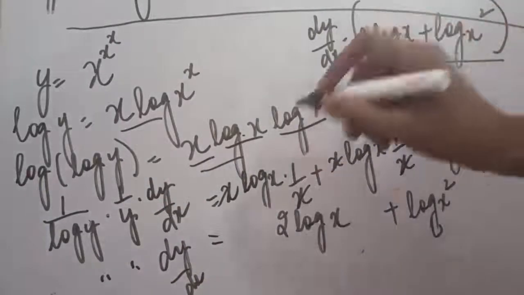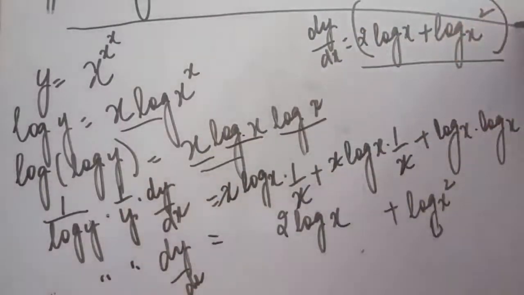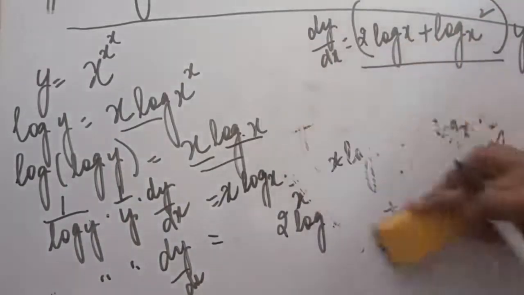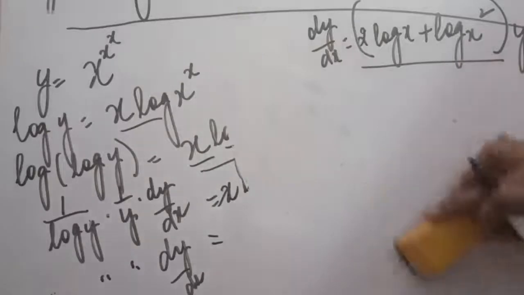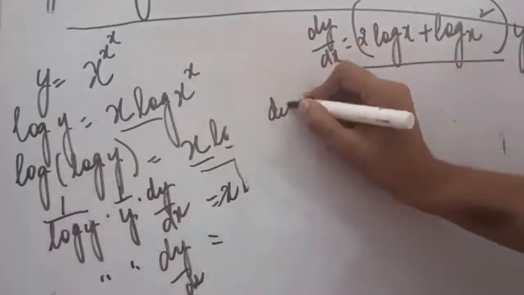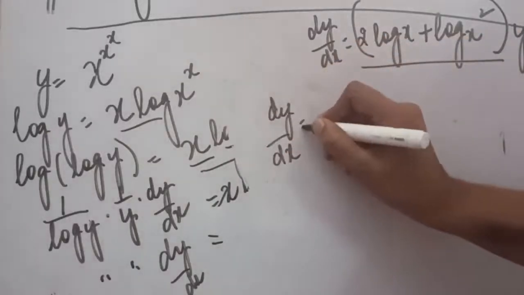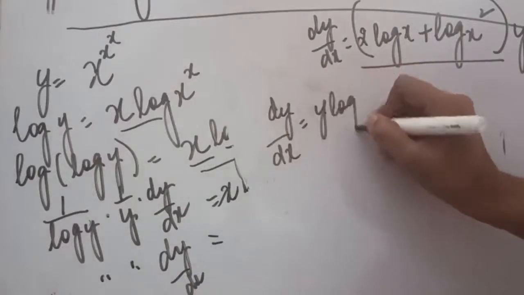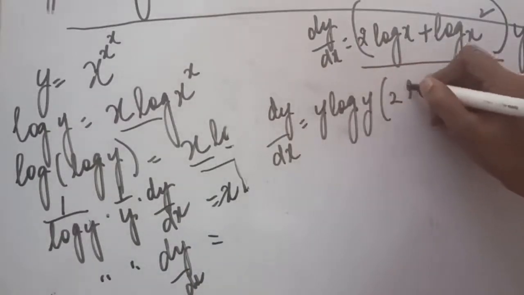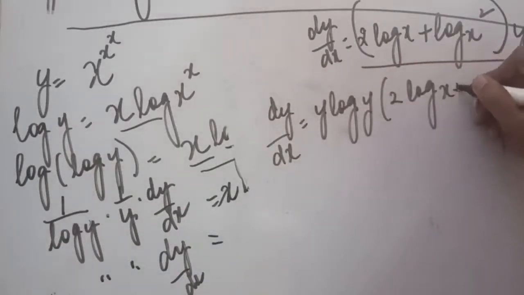So it will be multiplied by y log y. So if you want to write your answer in a more meaningful manner, then we can say that dy upon dx is equal to y log y into 2 log x plus log x whole square.